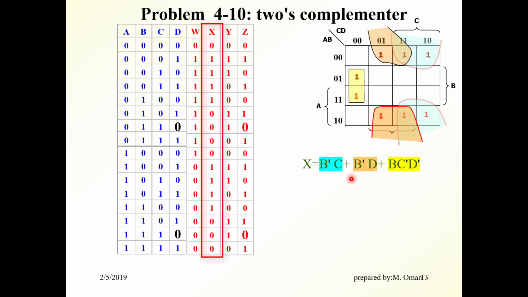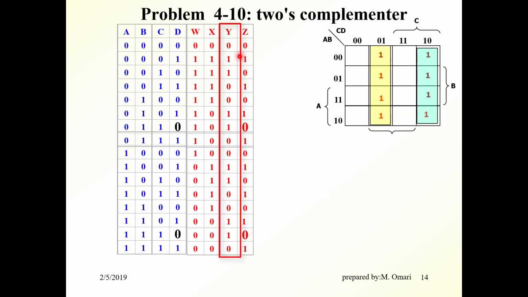The terms for the groups are: this one here will result in B bar C, this one here will result in B bar D, and this yellow group will result in B C bar D bar. And this is equal to, finally, the exclusive OR between these two terms, because here we took B bar out, and then this one we expanded this way. So this is X as an output.